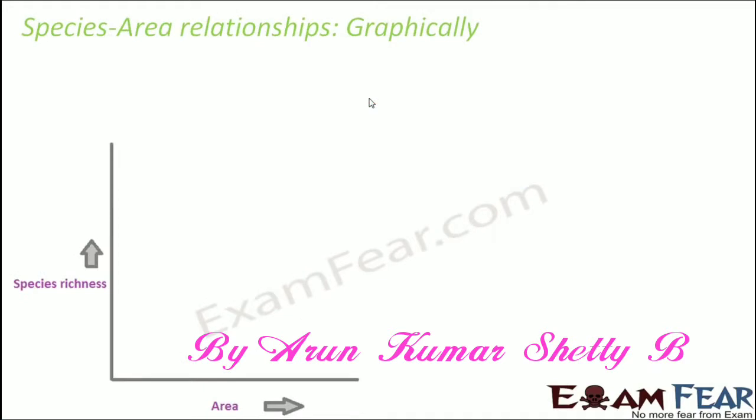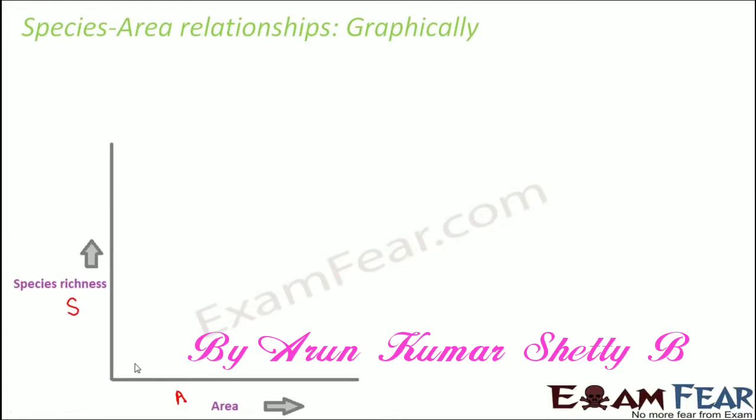So let us try to understand the species area relationships graphically. Here on the graph we have taken the species richness, denoted by S, on the y-axis, and the area, that is A, on the x-axis. Now what kind of a graph do we get? As the value of A increases, the value of S also increases, but this increase happens only up to a certain limit.